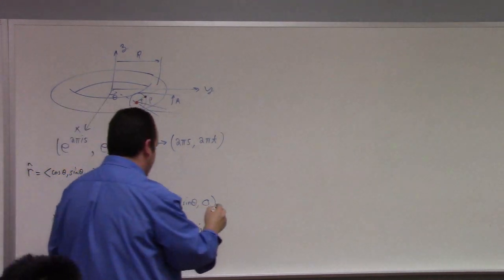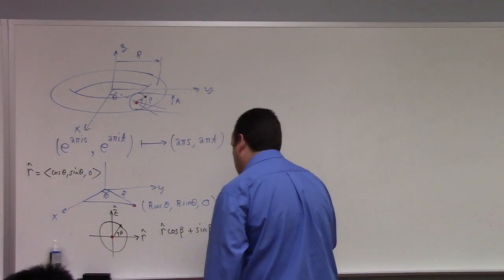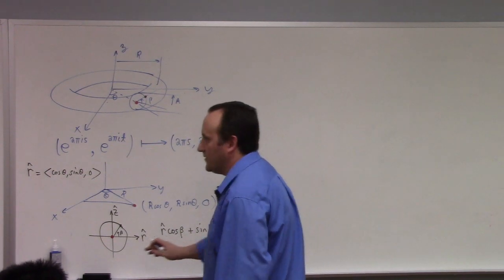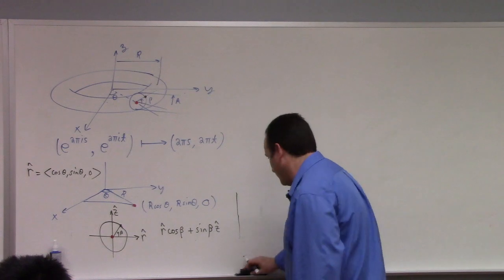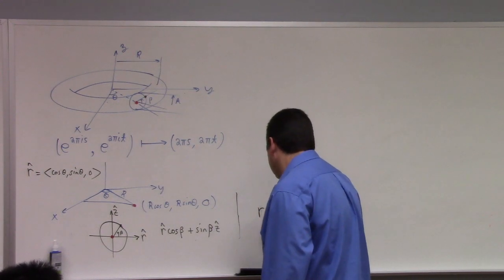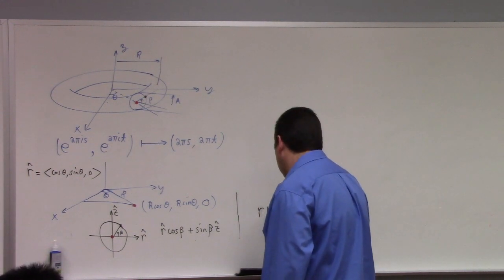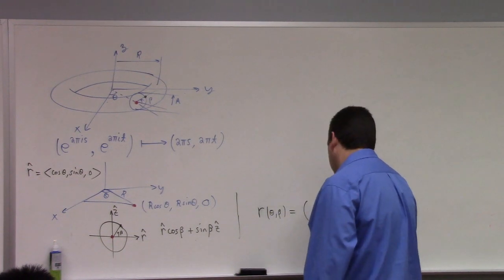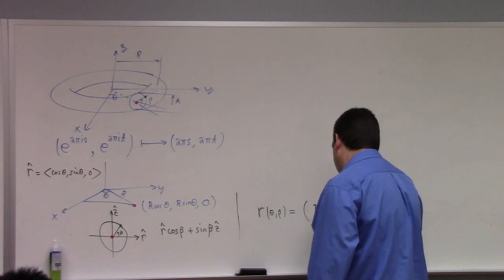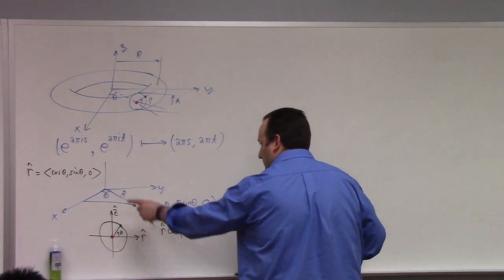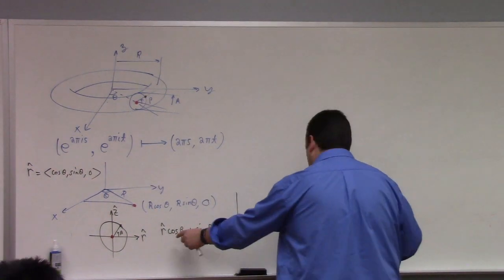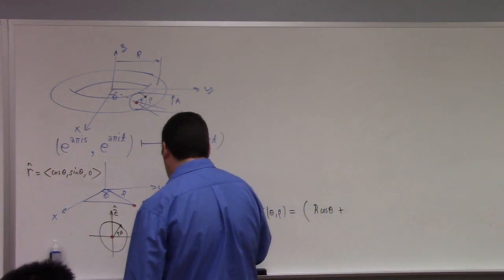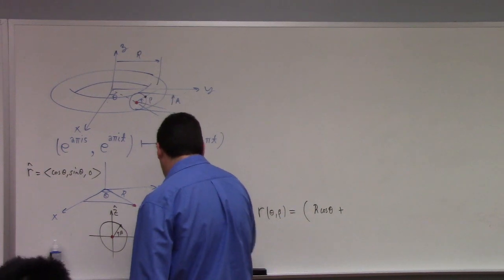And so this is how I would construct the parameterization of a torus, actually. Here it is. X. Oh, bad choice of letter. R. R of theta and beta equal to, what we got? R cosine theta. Remember, r hat is what? It's cosine theta, sine theta. So that gives me a plus, you know, I need a what here?